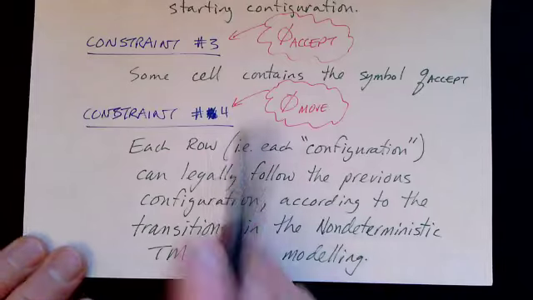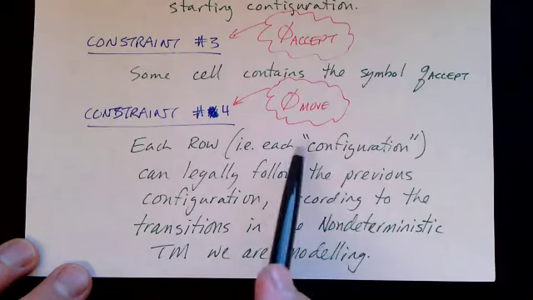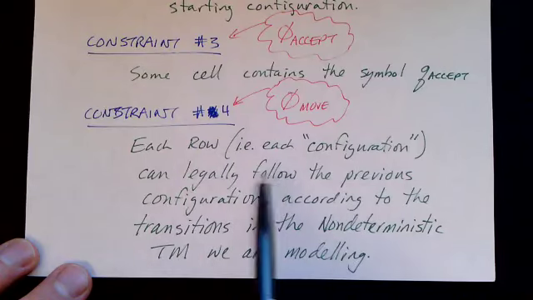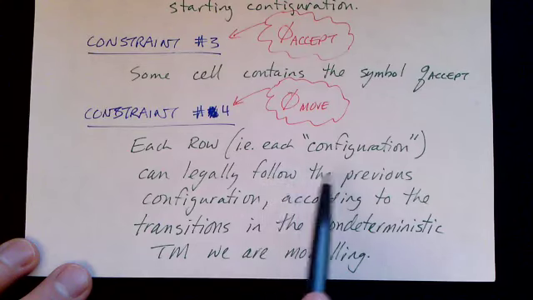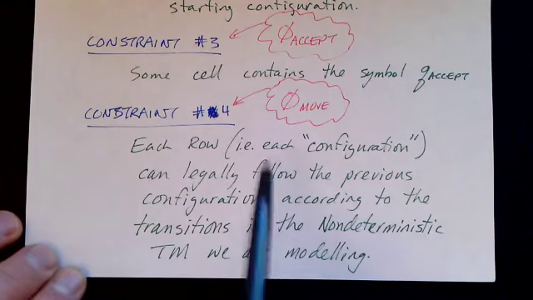And finally, we need the constraints that indicate that each row, which expresses a configuration, can legally follow the row above it according to the transitions of the non-deterministic Turing machine we're modeling. So let me say that again.